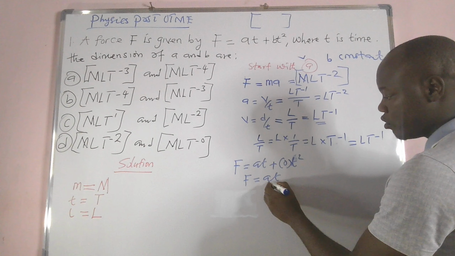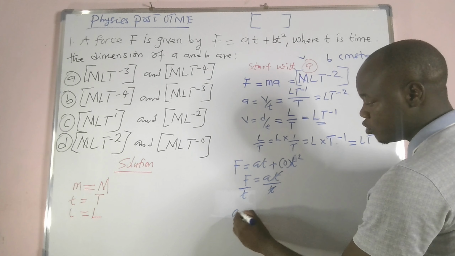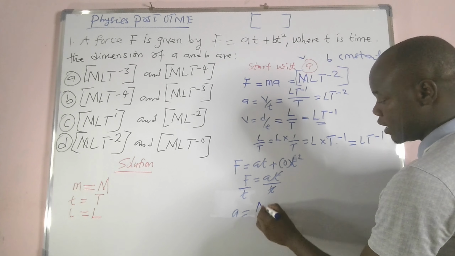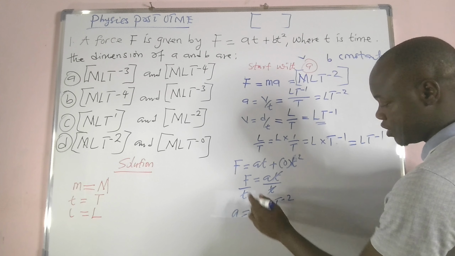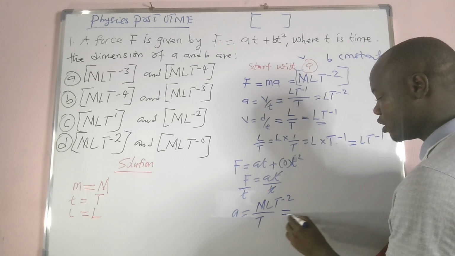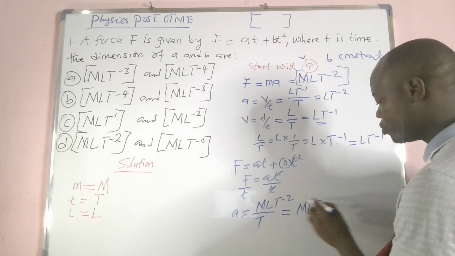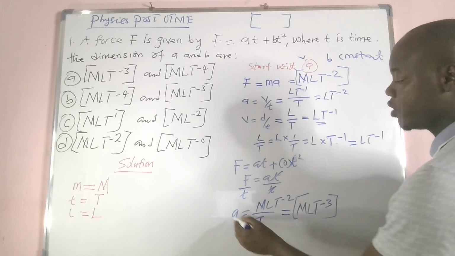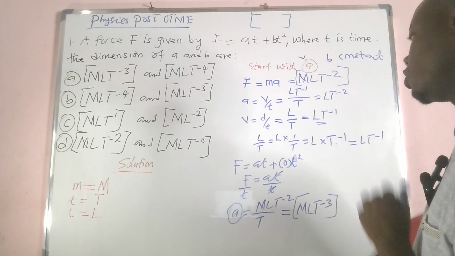To get A, we divide by T, so this cancels this. A is equal to the dimension of force, MLT⁻², divided by the dimension of another T. So A is MLT⁻³. The dimension of A is MLT⁻³.